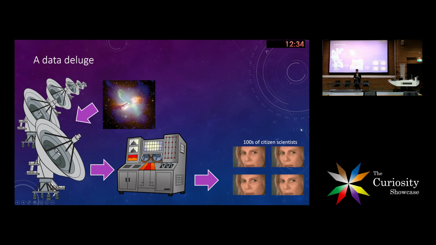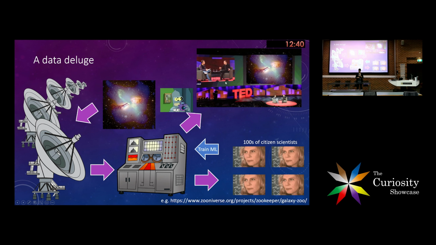Of course, that requires lots of people and lots of buy-in, and that's still a lot of effort. That's a lot of humans. So what we're doing nowadays is we take those classifications and we train machine learning neural networks. And then we have an automated system that doesn't get bored, that can do all the classification for us and extract some science.